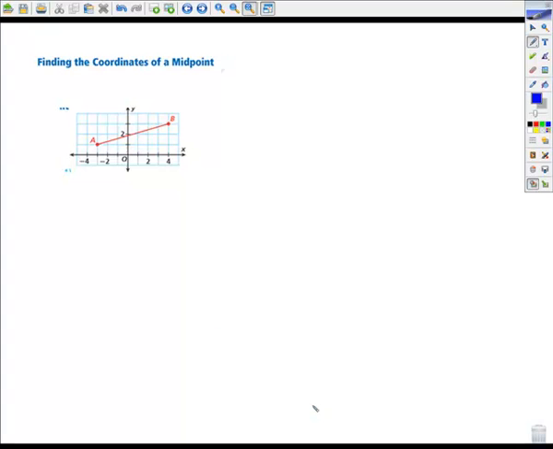And then finally, let's look at one where they actually give us a picture. So point A is the point negative 3, 1, and point B is the point 4, 3. So I want to find the midpoint of AB. So it looks like it's right around in here, but I don't want to just guess. So I'll go negative 3 plus 4 divided by 2.